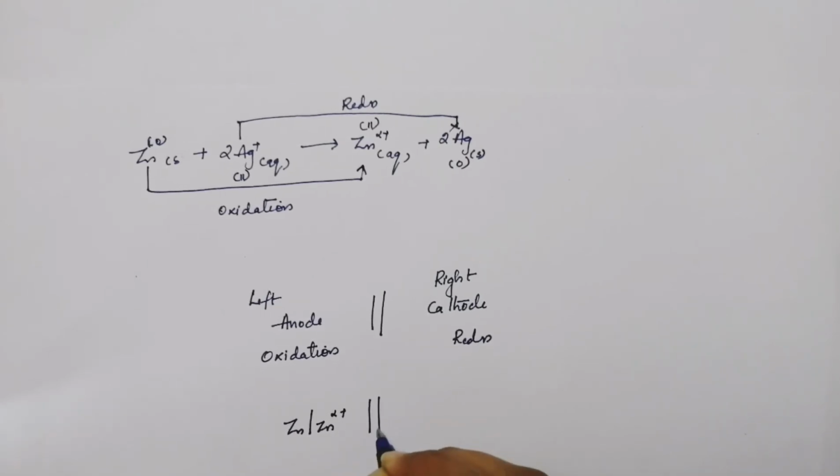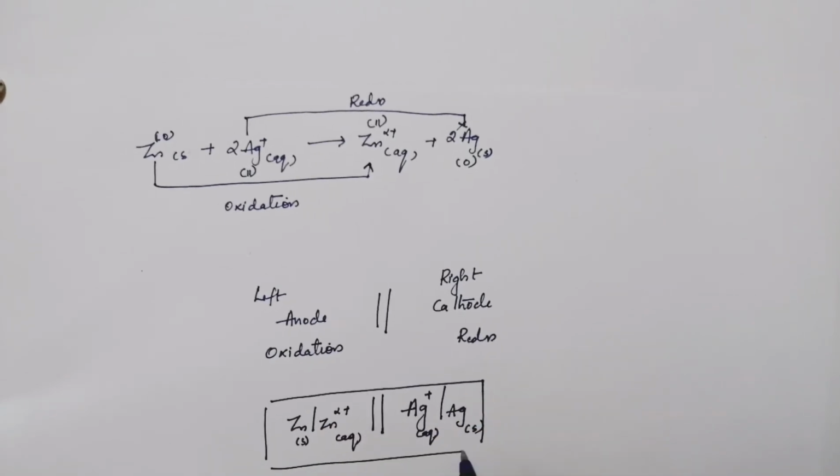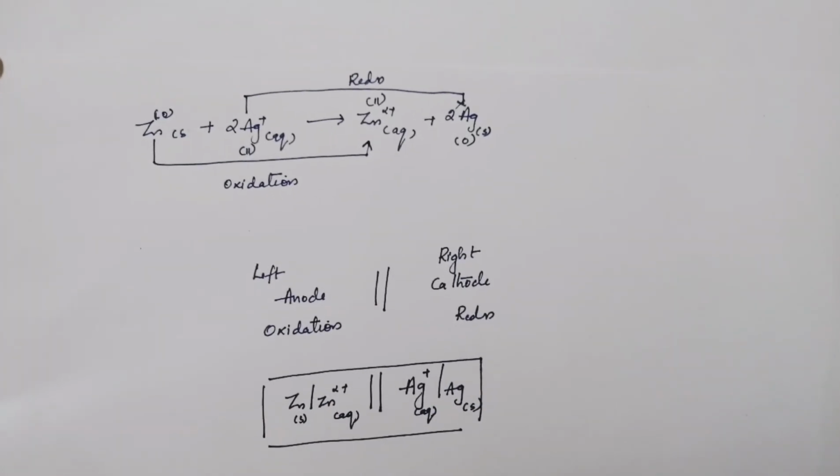Then we put this bridge, and then at the cathode we have reduction, that is of silver. So we write it as Ag plus bar Ag. Now let us put the notations as here it is solid, here it is aqueous, again aqueous, and then this is solid. So this is the cell representation for this chemical reaction.